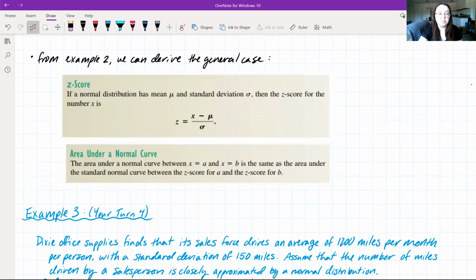And what we can do from example 2 is derive this general case for the z-score. So we say if a normal distribution has mean mu and standard deviation sigma, then the z-score for the number x is z is equal to x minus mu divided by sigma, which is just whatever x value you have minus the mean divided by standard deviation.